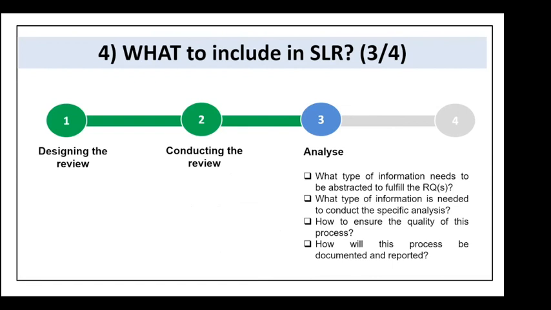The next one is analyze. It goes back to the topic we discussed in the earlier session about the types of SLR paper. You need to analyze or discuss the result based on the type of SLR paper you want to present.